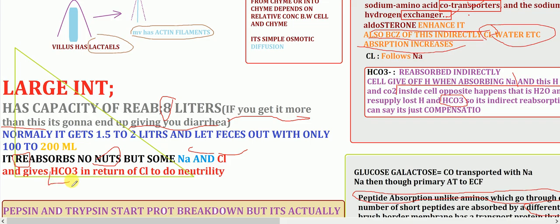What is the purpose of this bicarbonate? In chapter 65, we've read that this bicarbonate in the large intestine maintains neutrality and copes with acidic stuff in the feces. So: sodium chloride and no nutrients.